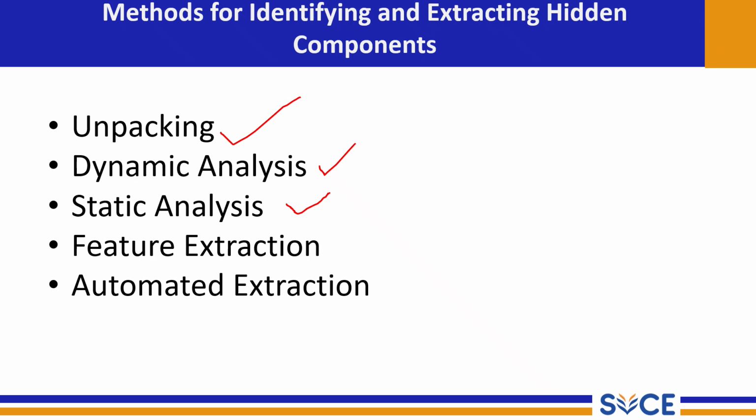Next, there is feature extraction. Features can be extracted from both static and dynamic analysis to train machine learning models for malware detection. These features can include API calls, system events, network activity, and much more. And the last one is automated extraction.